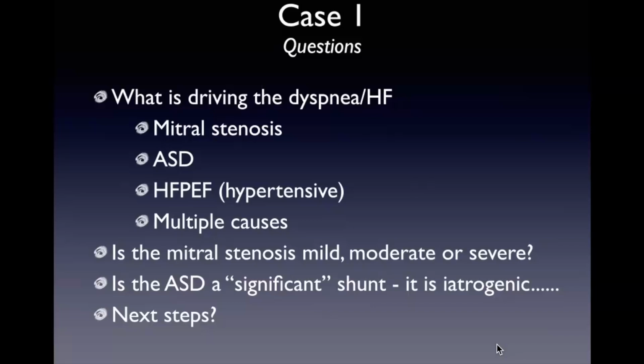I think one thing would be if I can compare it to prior echoes to see whether there is any progression in the degree of mitral stenosis. There may be some reduced flow from the degree of TR that is underestimating the mitral stenosis gradient perhaps, but it's already sort of in the moderate to severe range.